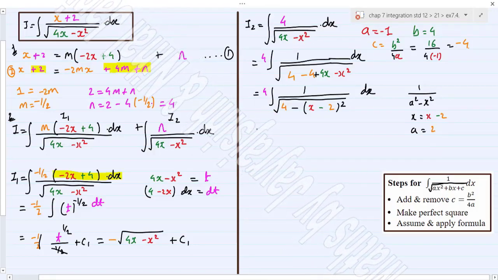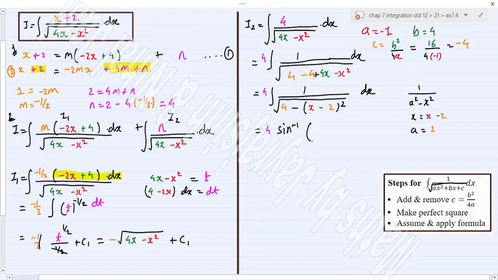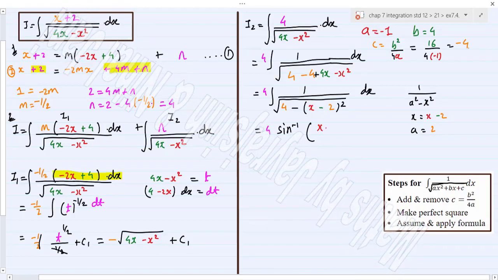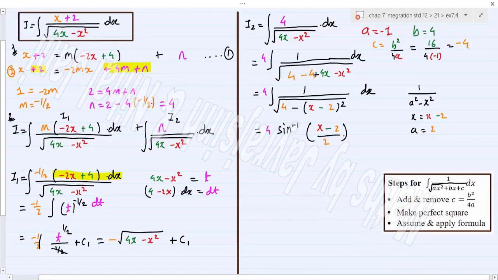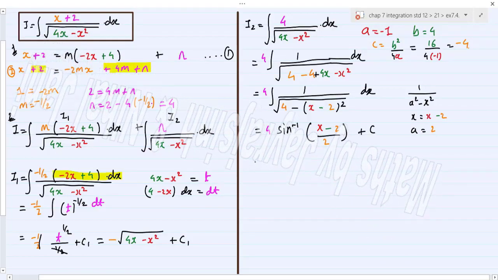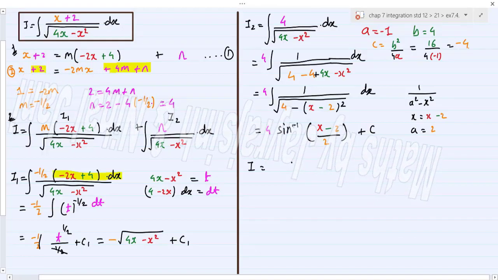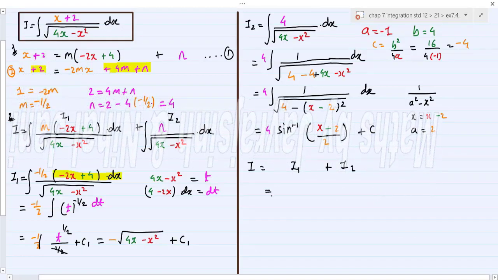So its integration will be sine inverse of x, or we can say x minus 2 upon a, which is 2, plus c. Now let's get our final answer I, which is I1 plus I2.